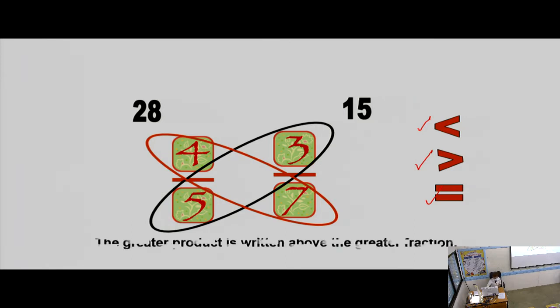Listen. So we're going to use the more than symbol, since when we cross multiply, the first number is greater, the first fraction. So we can say that 4 over 5 is more than 3 over 7.